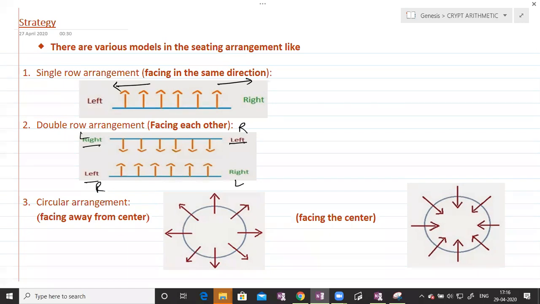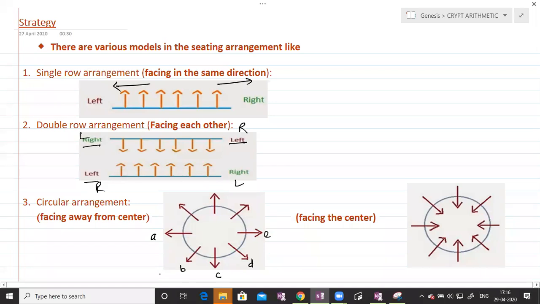Now, what happens in the case of circular arrangement? Very, very simple, remember. Let's say all the people are looking away from the center, facing away from the center. Let's say this is person A sitting there, person B sitting here, C, D, E. Try to understand.